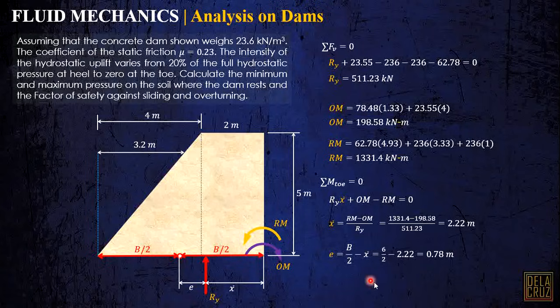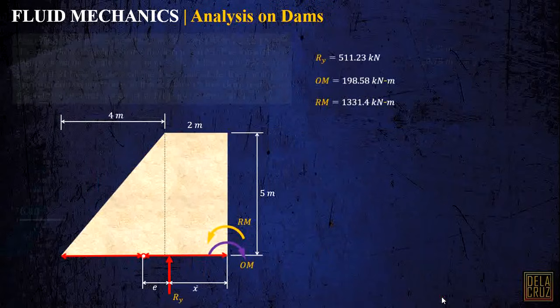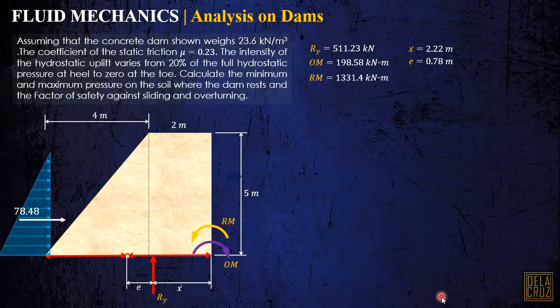Now, after we have this one, okay, let me just gather the data. After we have this one, we have two cases to calculate the maximum and the minimum pressure on the soil. If E is less than B over 6, then we have this formula. This is the maximum and minimum pressure, plus and minus.